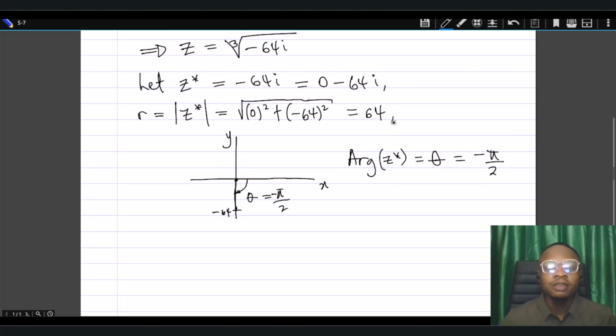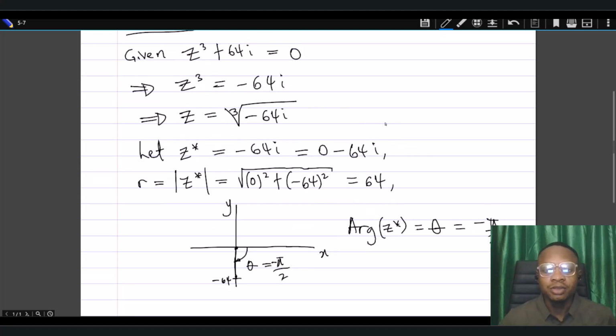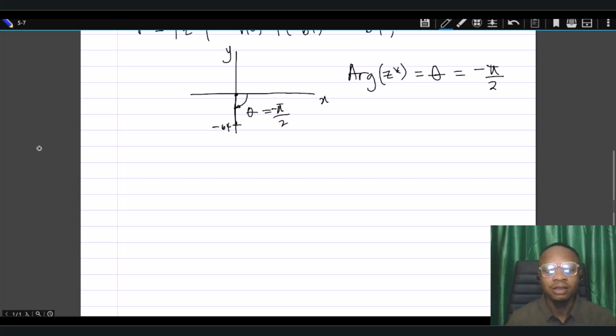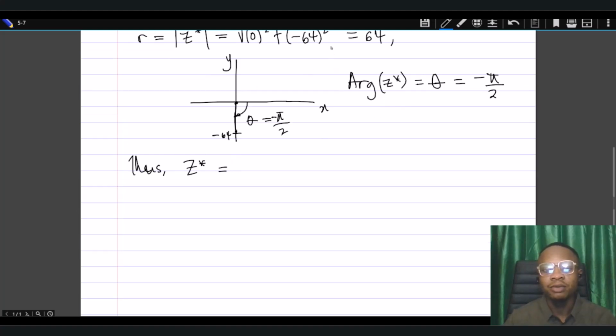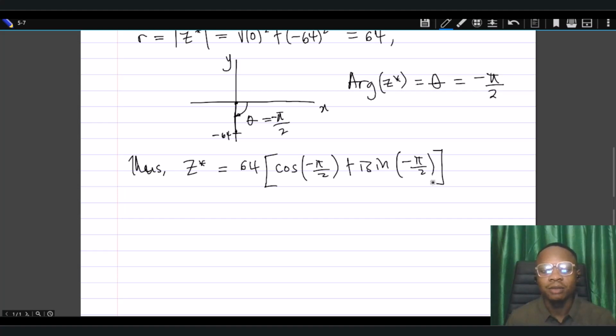So with this, we want to get a cube root of this. Let's write z star out in polar form. We've seen the modulus is 64, so in polar form z star will be equal to 64 times the bracket of cosine of theta, that's cosine of minus pi over 2, plus i multiplying the sine of minus pi over 2, and we close the bracket.